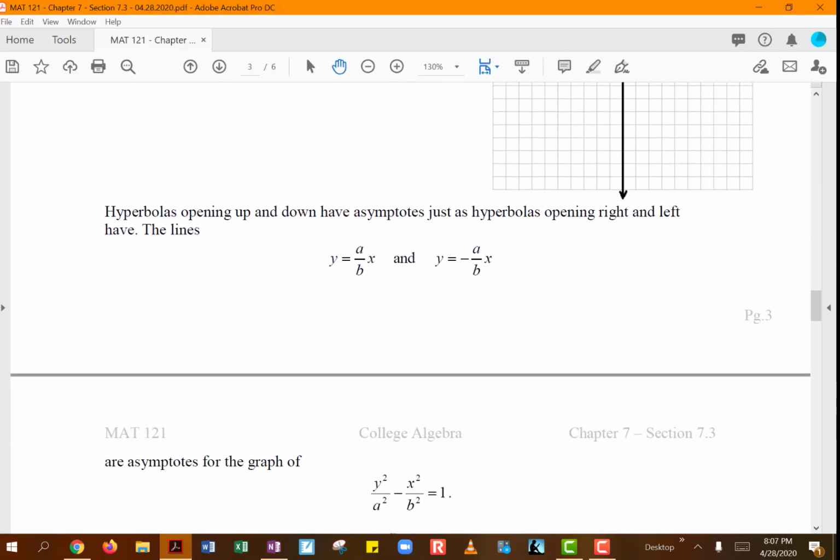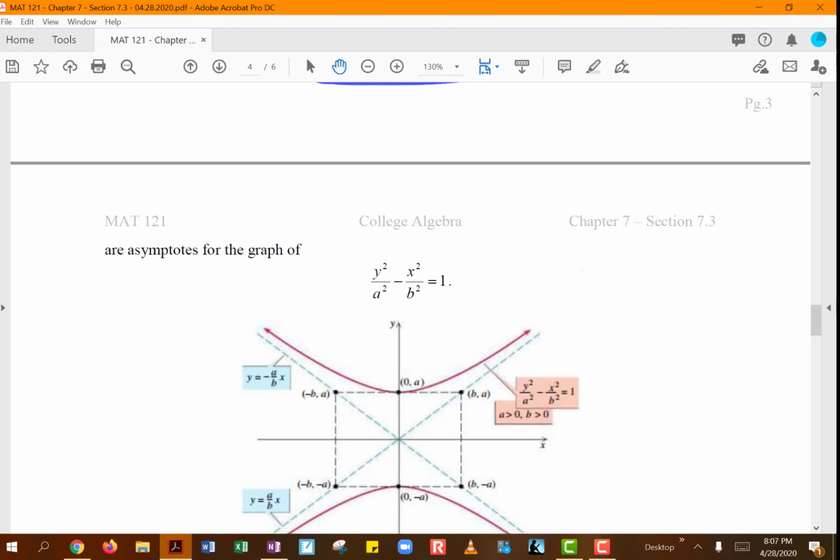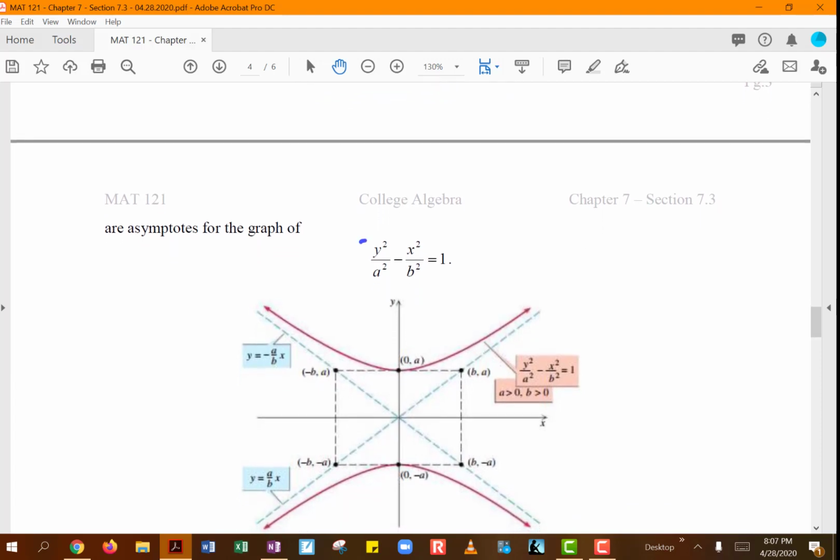Now, instead of opening left and right, what if your hyperbolas are opening up and down? So in that case, the equations of your oblique asymptotes will change. They will now become y equals a over bx and y equals negative a over bx. And then of course the equation of our graph is going to be y square over a square minus x square over b square equals 1.